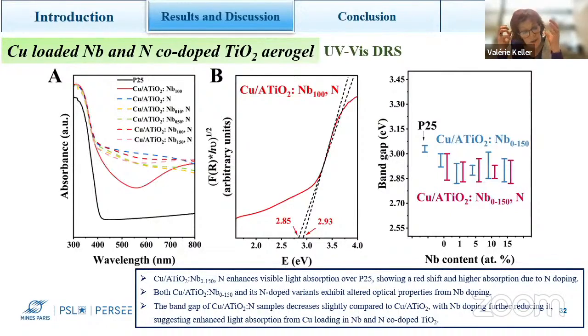As I said, just the copper deposition on titanium dioxide could have been just the PhD topic without the doping or the co-doping approach. So it's a really complex system. Each concept needs perhaps to go deeper, but here you wanted to mix all these different concepts. It's not easy.